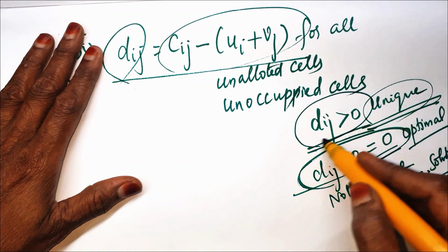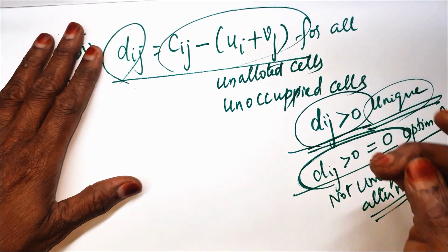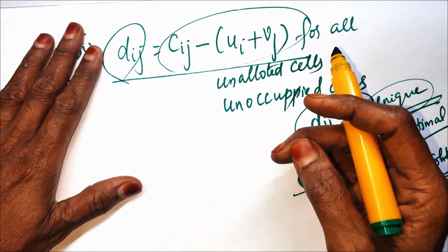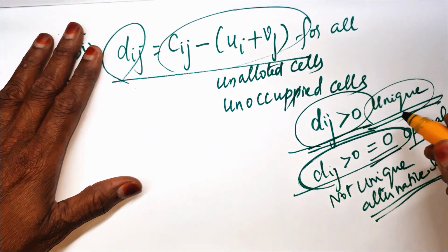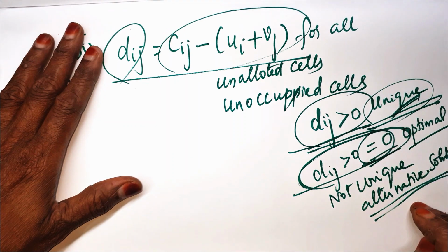If all the values are positive, no problem, just give the solution we got in the previous step as the initial basic feasible solution; that is the final optimal solution and it is unique. If at least one is 0, we have to write the statement.